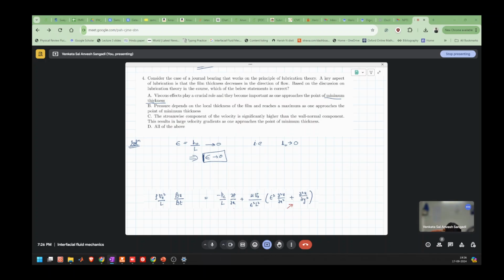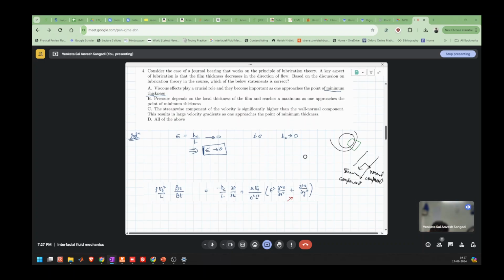This simply implies that when we have a journal bearing, here we see this is the streamwise component, and the perpendicular direction is the normal component.